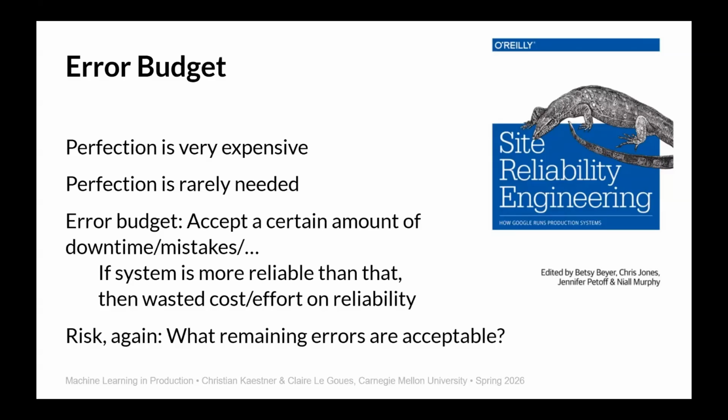So they do this in their DevOps operations. If their servers never go down, then they probably have invested too much effort into redundancy and so on, and it would have been cheaper to invest less, but have an hour of downtime a year or something like this. Right? So it might actually be economically a good idea to keep some errors in your error budget.